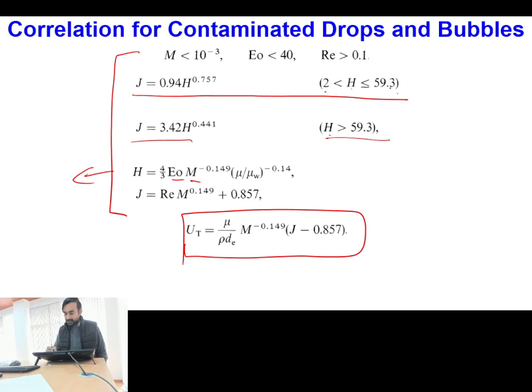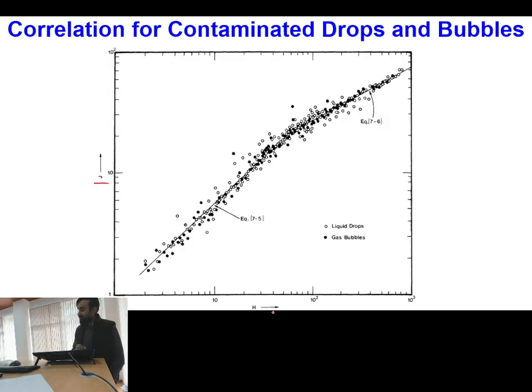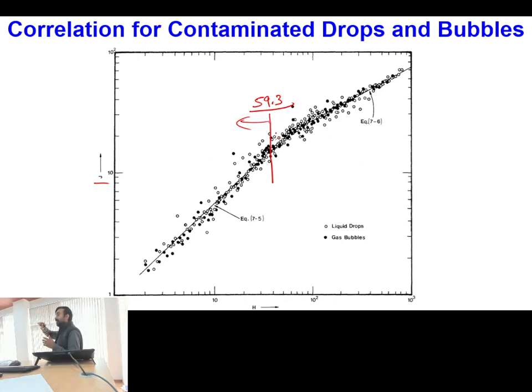If you plot this data as a J versus H curve, you can see in the next slide, this is my J versus H curve. Here you can see that the slope of this line is changing. Somewhere over here there is a change of slope. This is nothing but the transition limit of 59.3. Before this transition limit, you will have a fixed shape of the interface and there will not be any interface oscillations.